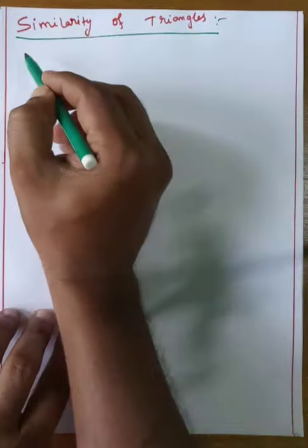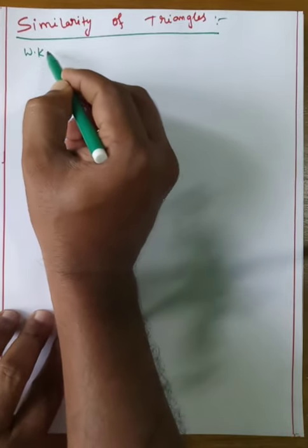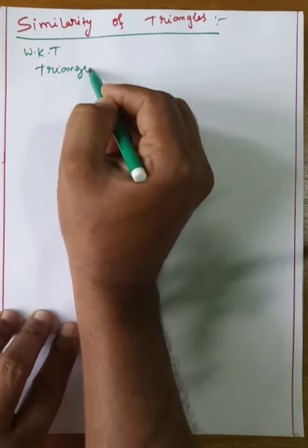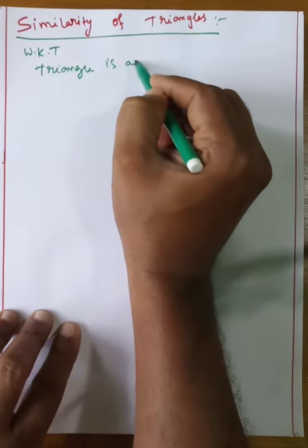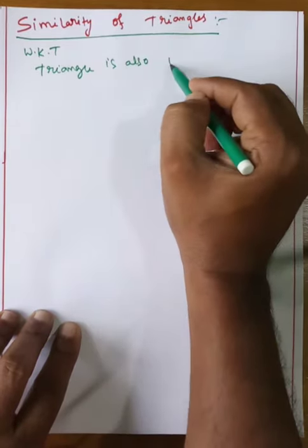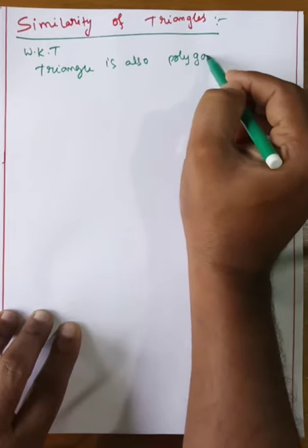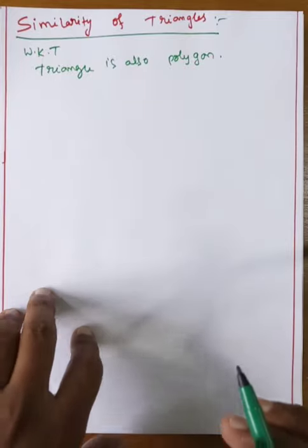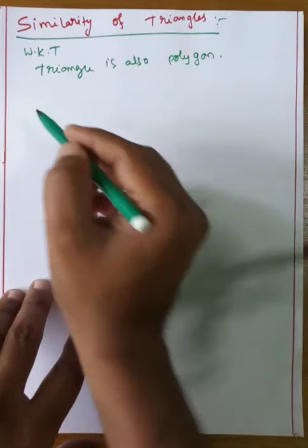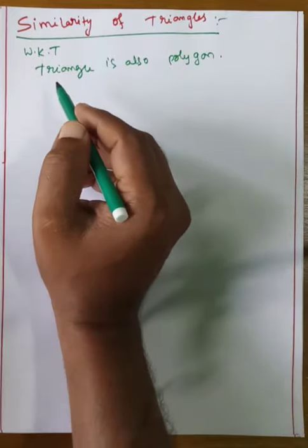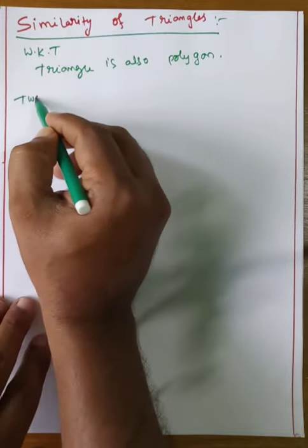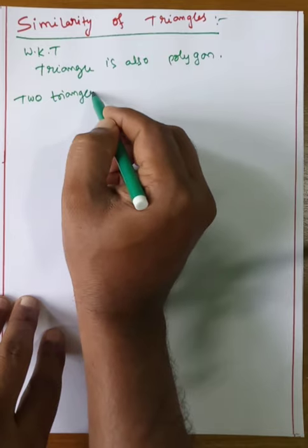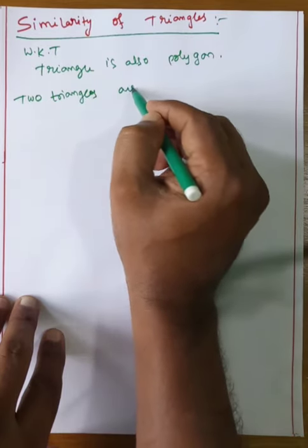We know that a triangle is also a polygon. First observe that. Therefore, the similarity of two triangles means the same properties occur.